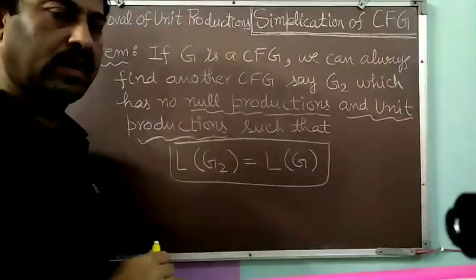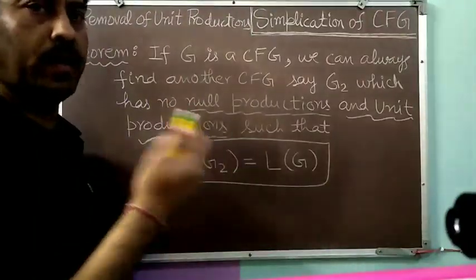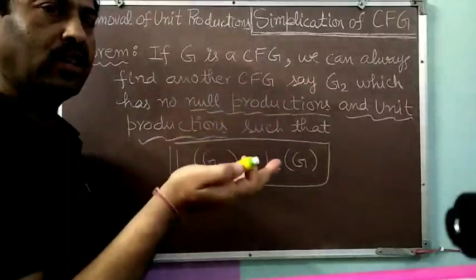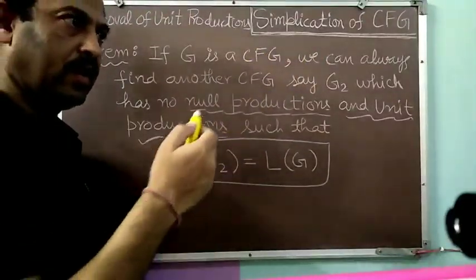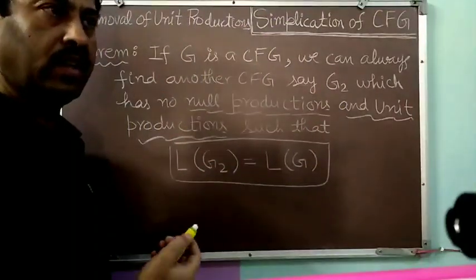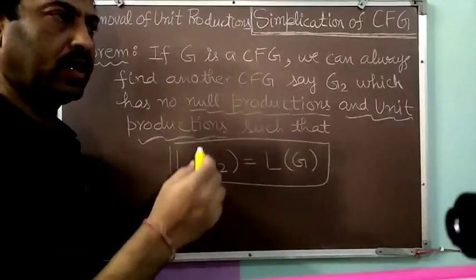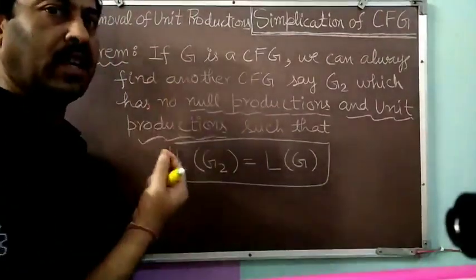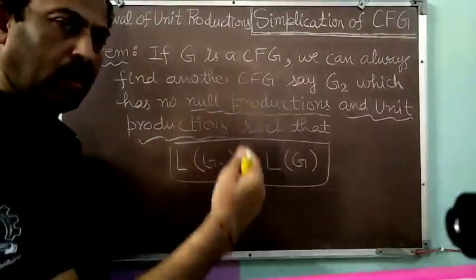In the previous session, we discussed that when we remove the null productions from a grammar, it may give rise to many unit productions as well. Whenever we have a nullable variable on the right hand side of any production, during the removal of null productions, we once keep that nullable variable and once we remove it.